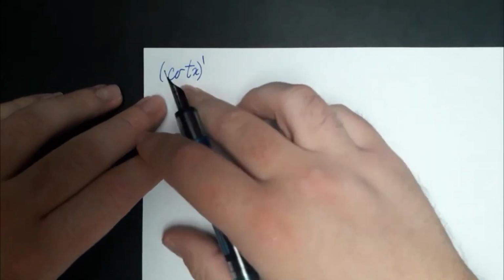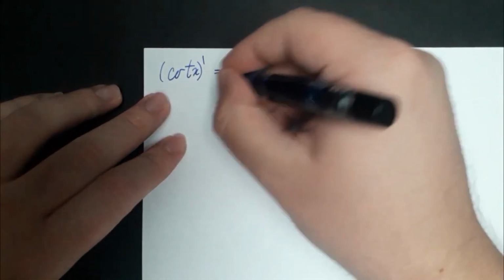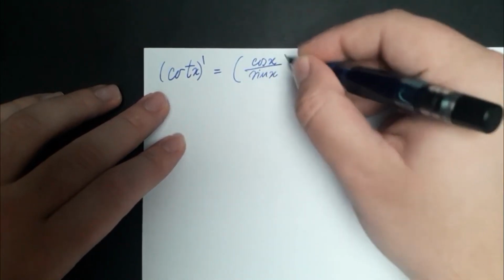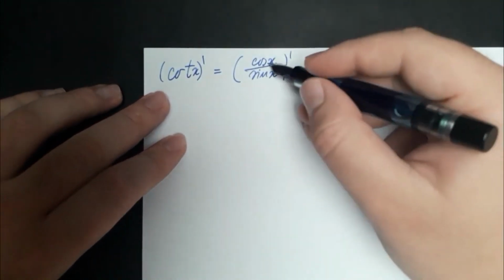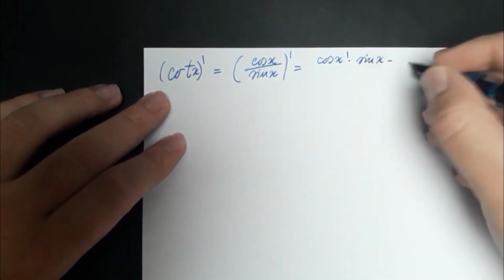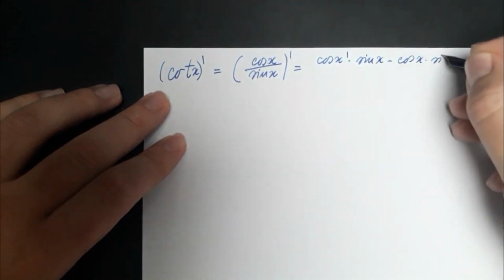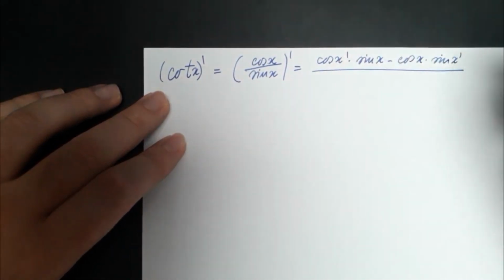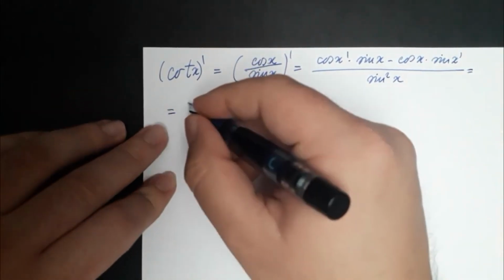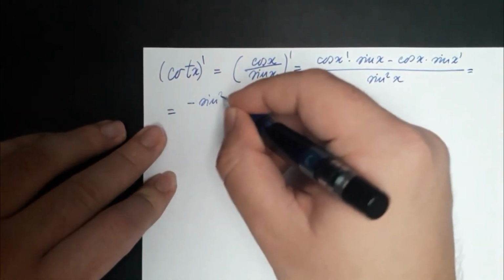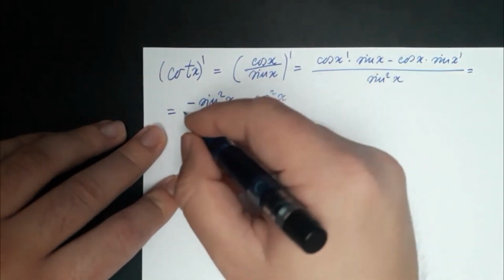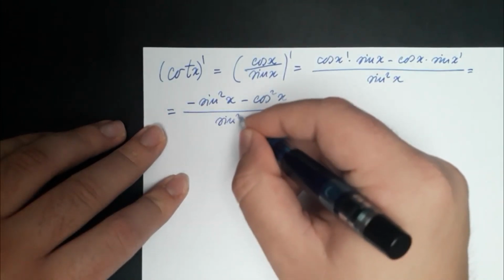Now the derivative of cotangent function is equal to cosine x divided by sine x, and that is cosine of x derivative times sine x minus cosine x times sine x derivative divided by sine squared x. This is equal to negative sine squared x minus cosine squared x divided by sine squared x.